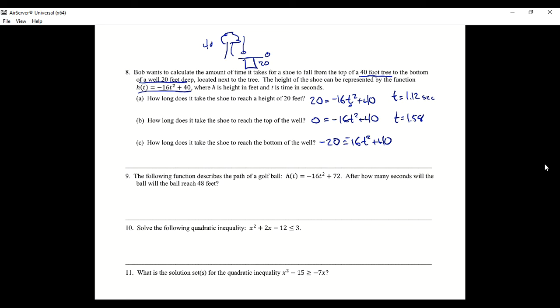And then for our last one, we go back to y equals again, go to y2, and we set it to negative 20 for the bottom of the well. The graph. We have our parabola, we have our line, y equals negative 20. And this is why I set the y min to negative 25 a minute ago, so we can see that negative 20 line. So second trace, 5, enter, and we have 1.94 seconds.